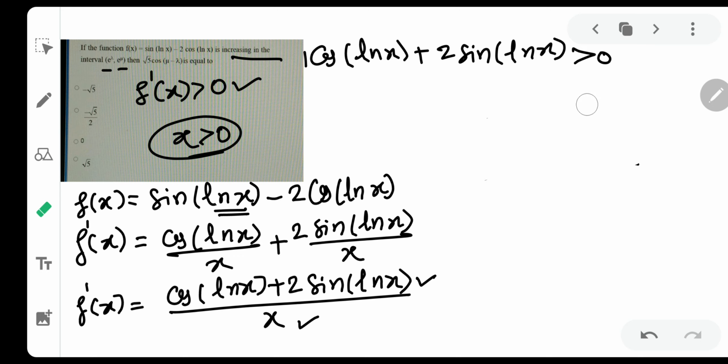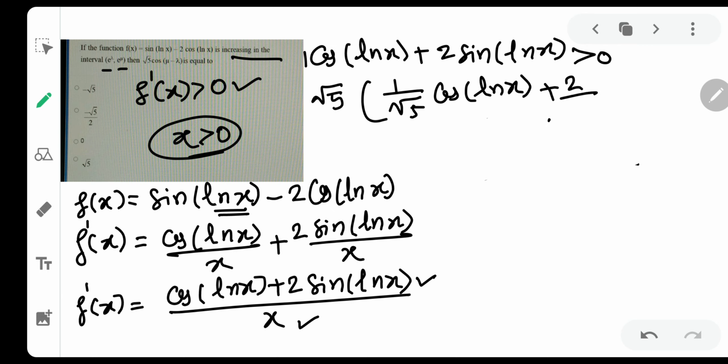Okay, so we will multiply and divide this whole sum by root 5. So what do we have? 1 by root 5 cosine of ln x plus 2 by root 5 sine of ln x, and this has to be greater than 0. Now this 1 by root 5 and this 2 by root 5, if they are squared and added, give us 1.